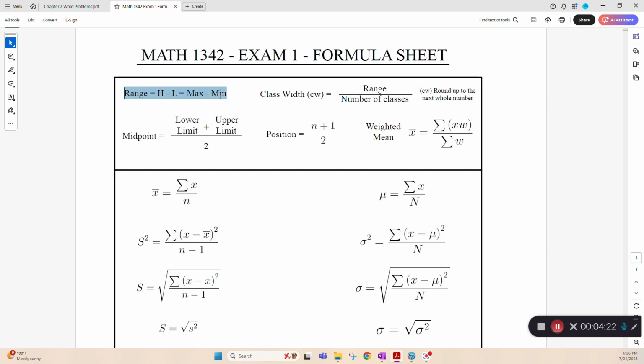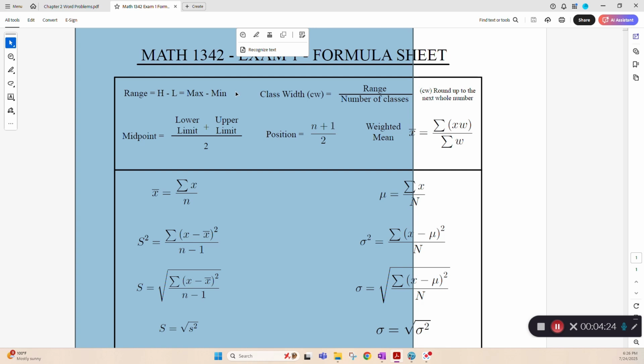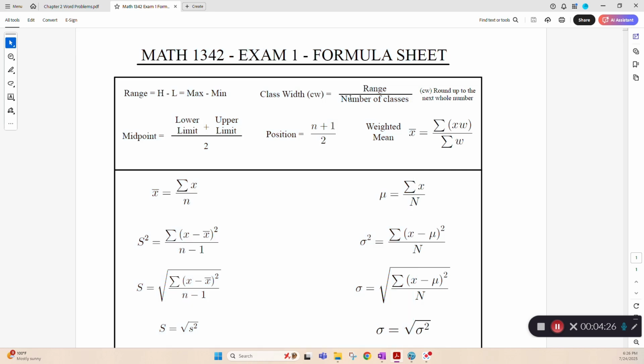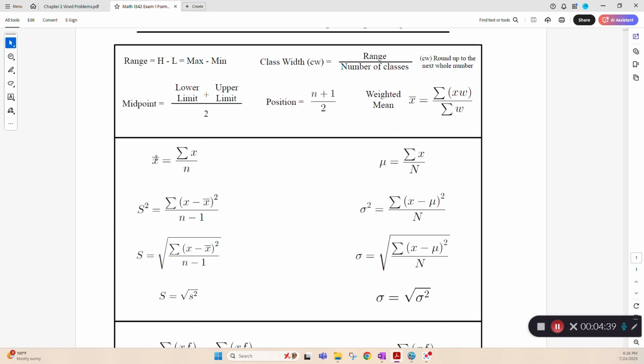We talked about range. It's just the max minus the min. Class width was section 2.1. Midpoint. I didn't realize that one was on there. So we've talked about those three already. Now we just mentioned two more. X bar, sample mean, and mu, population mean.